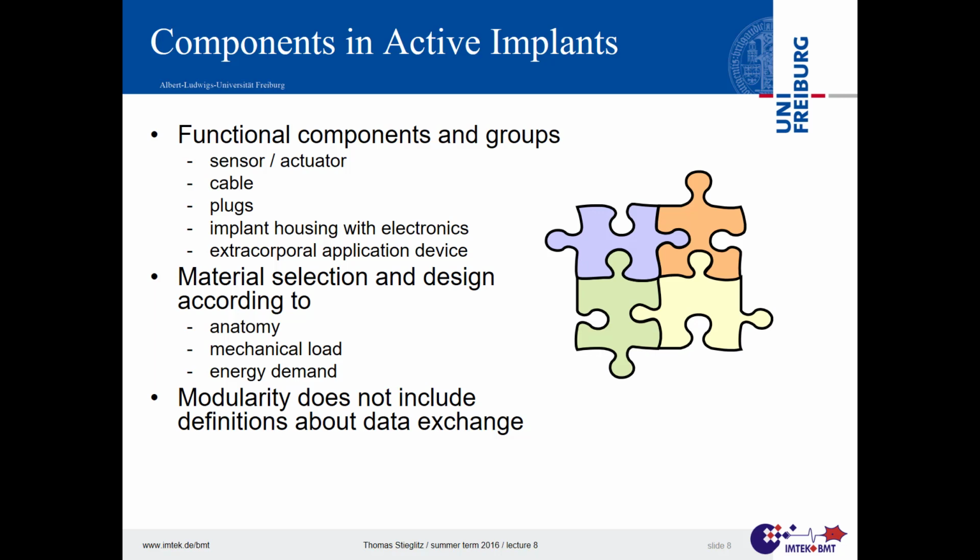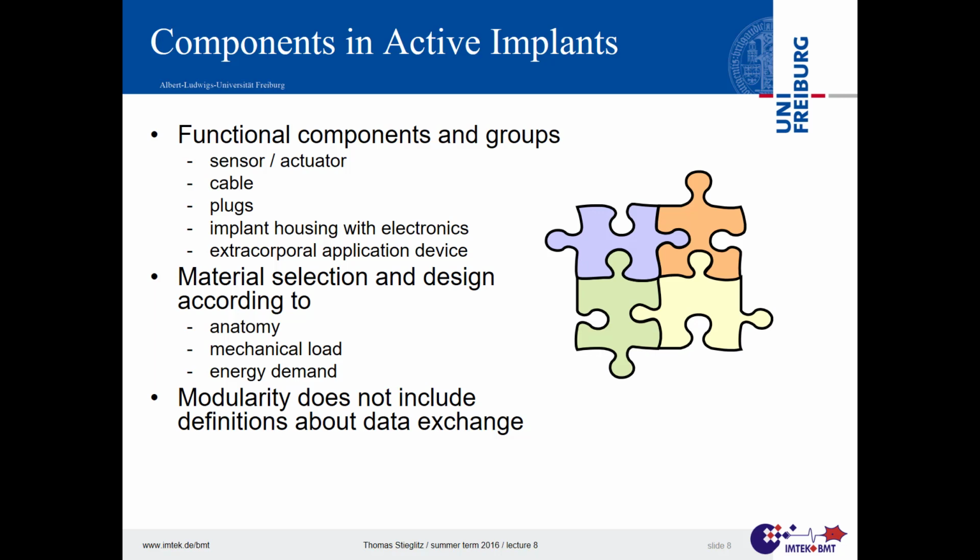If we look at the components here, we have several: sensors and actuators, cables, plugs, electronics. We've seen in the movie today another important thing, the extracorporeal handheld user device with probably only 2 buttons, something that blinks to show you it's working, and a screen with idiot-proof data management.